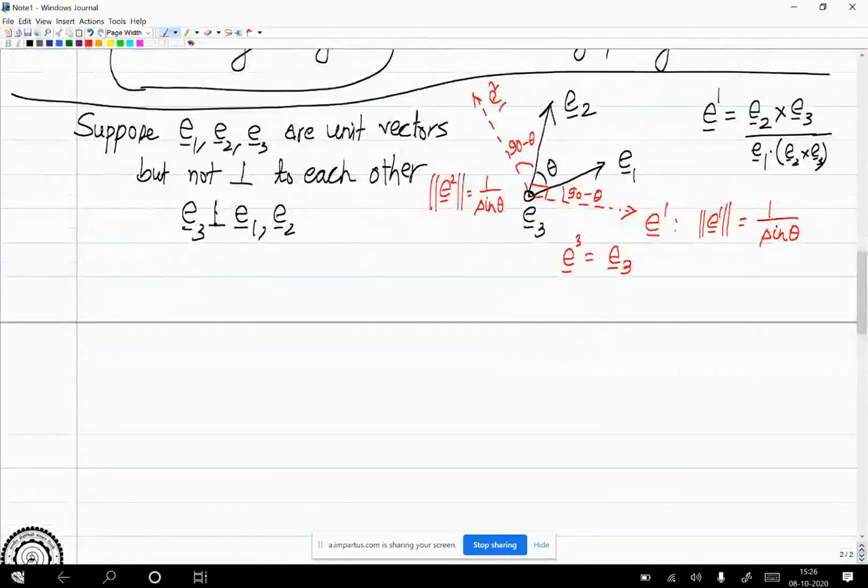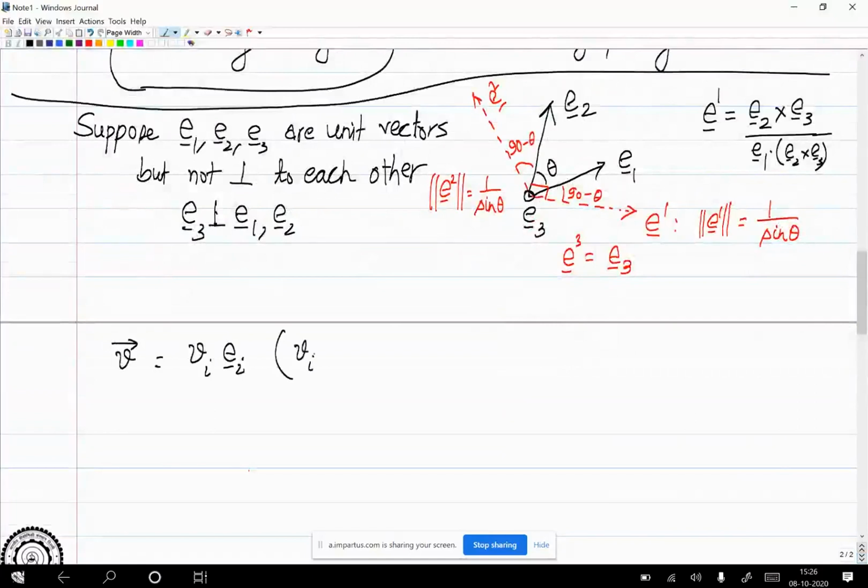Now suppose I want to express a vector in terms of its components. We have read till now that a vector V is equal to V^i E_i, isn't it?